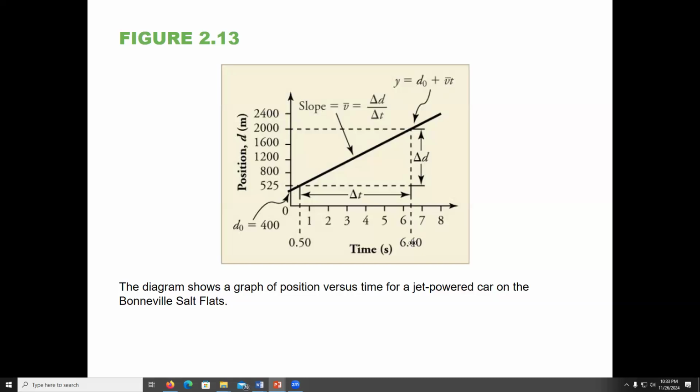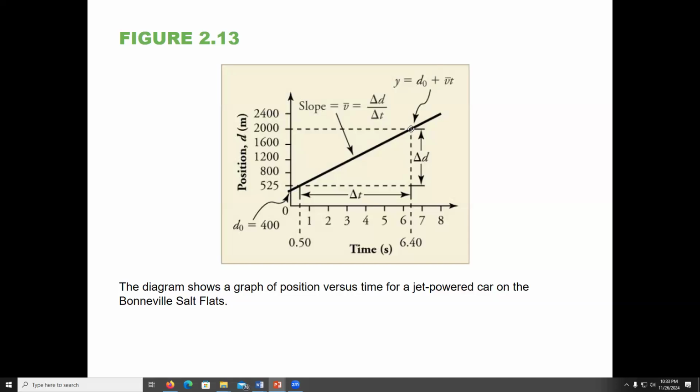So we replace the t with 6.4 seconds and multiply that by the slope. The slope of our graph is going to be 2,000 divided by the 6.4 seconds. And then we add all of that to our y-intercept, which is where we began, at 400 kilometers distance.